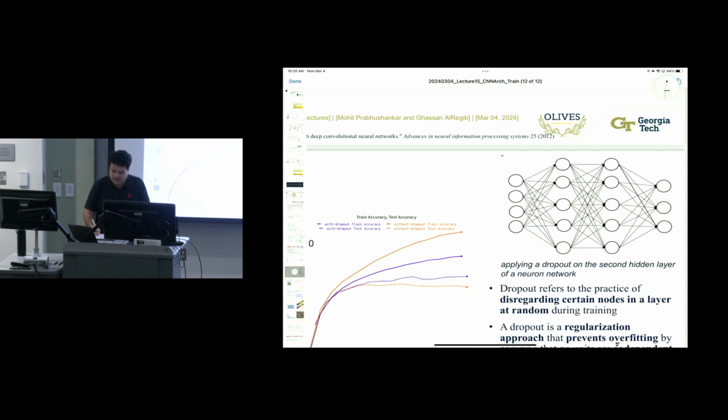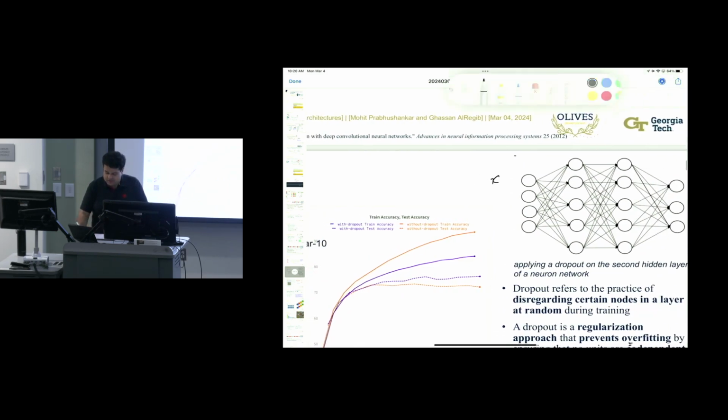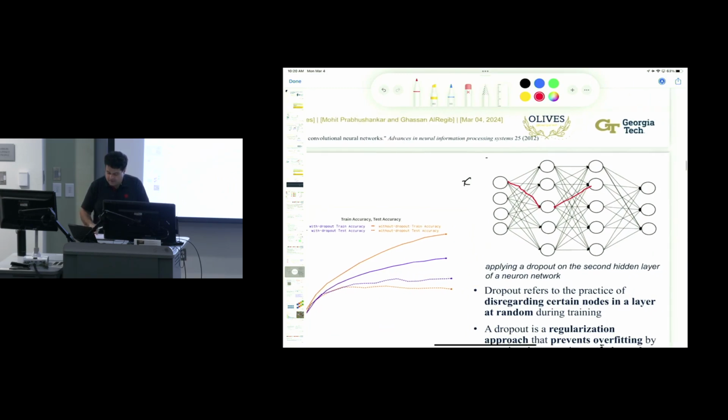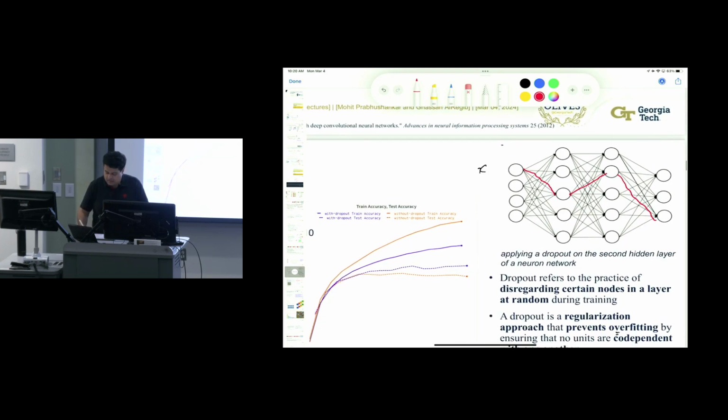Let's say given a certain input X, if I were to traverse something like this, red means that is the most highly activated element. So let's say this particular kernel or this particular weight has the highest activation given a certain input X. So this will be the highest number.